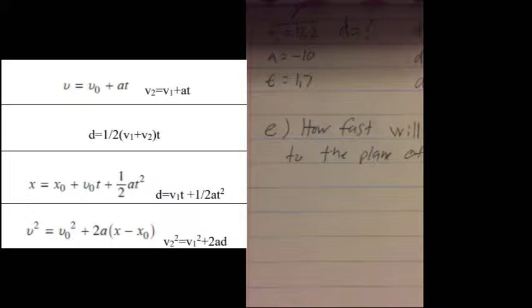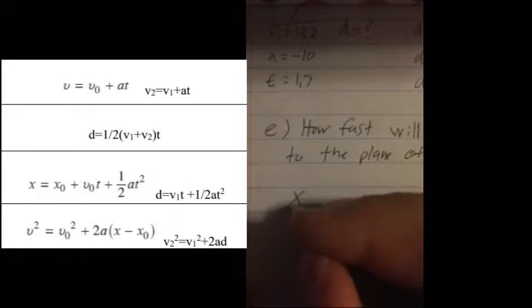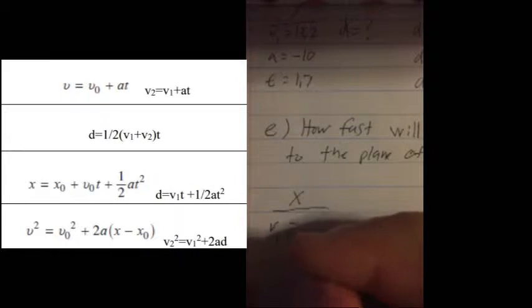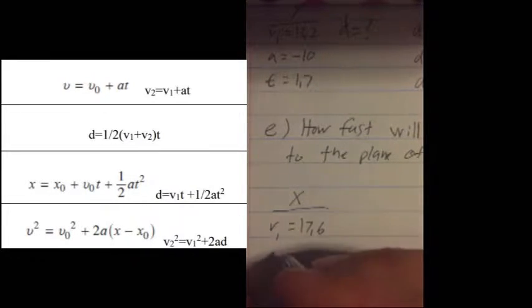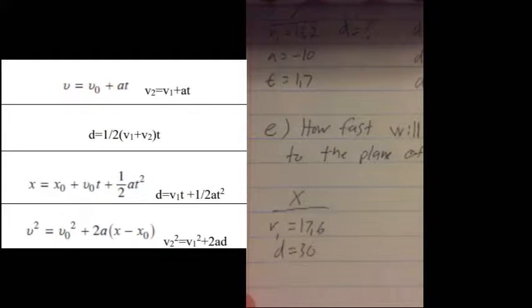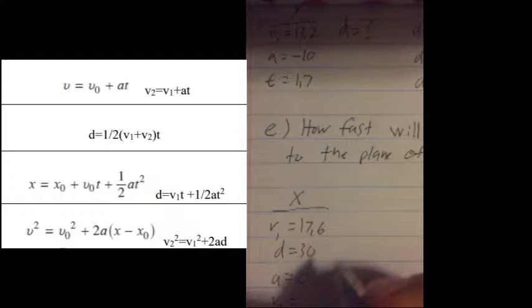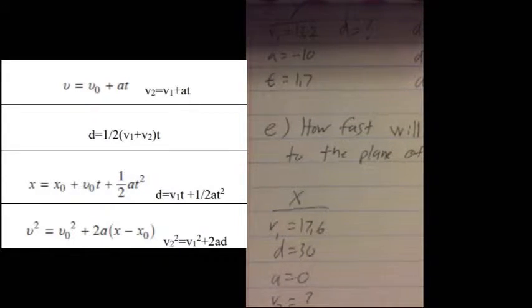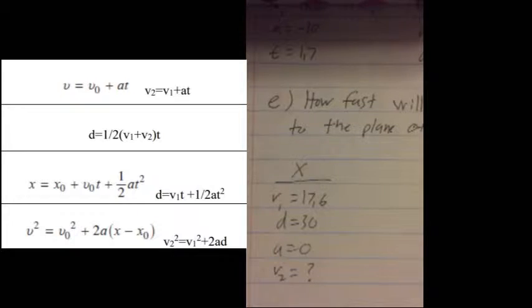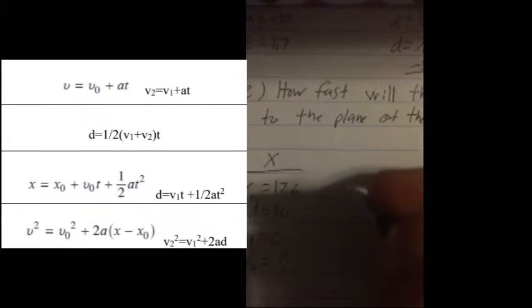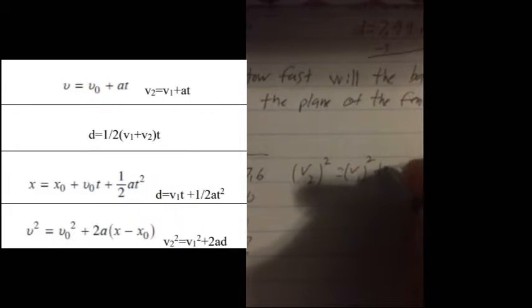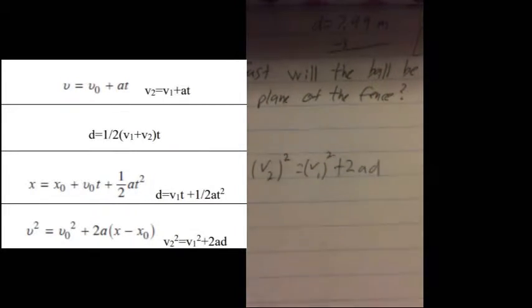So, start by writing down all our information. We know that in the x direction, the initial velocity is 17.6 meters per second. We know the distance is 30 meters. That's how far away the fence is. That's how far it travels. The acceleration is 0. And we're trying to find the final velocity, which we do not know. And the kinematic that takes all of this information is the final velocity squared is equal to the initial velocity squared plus 2 times the acceleration times the distance.